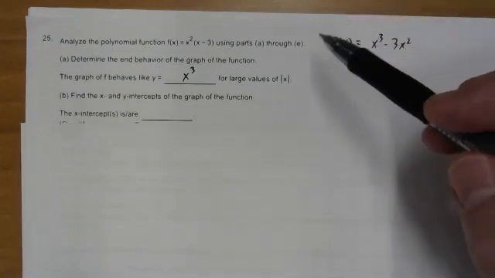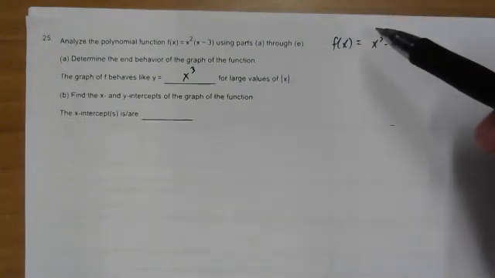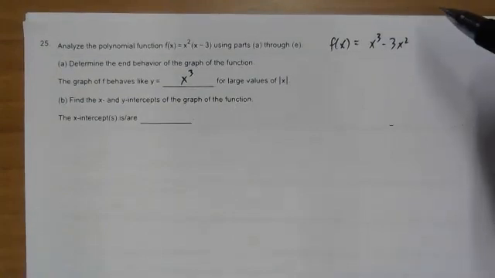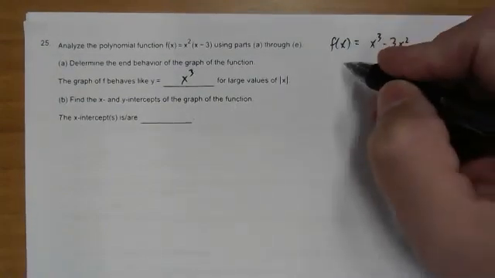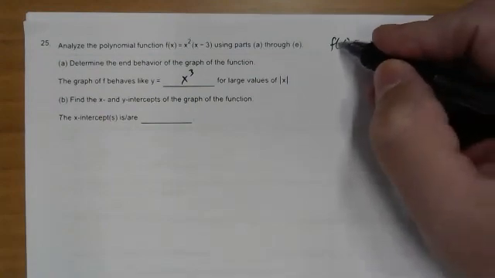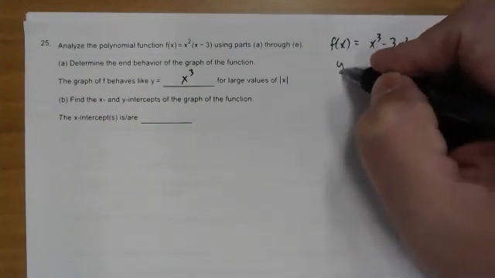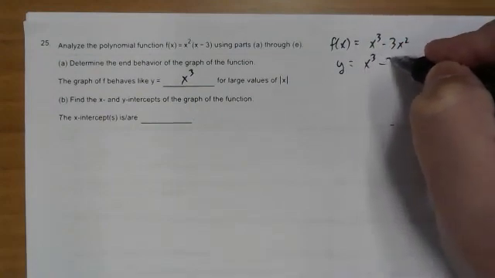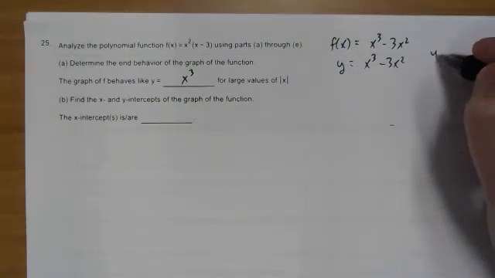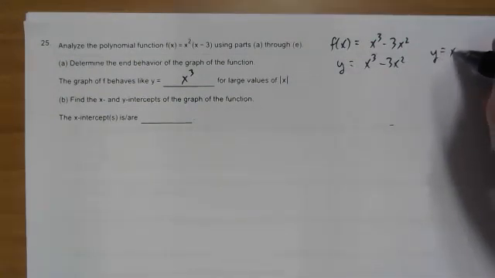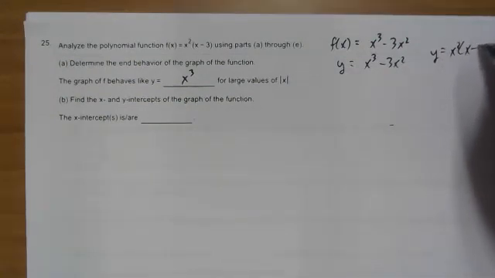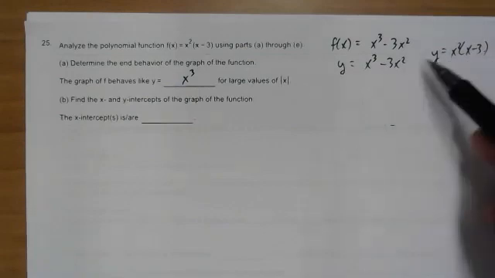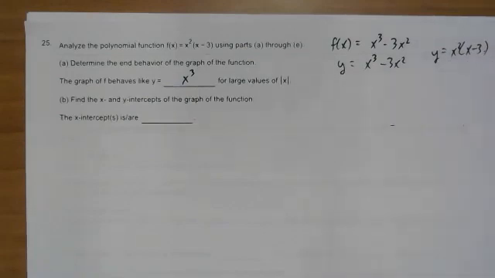Next question: find the x and y intercepts. So the way you find x-intercepts, even though this is f of x, for some of these questions it's easiest to think about y instead of f of x. So here is factored, here's not factored, with the y's. Because the way you find the x-intercept is you set y equal to 0.